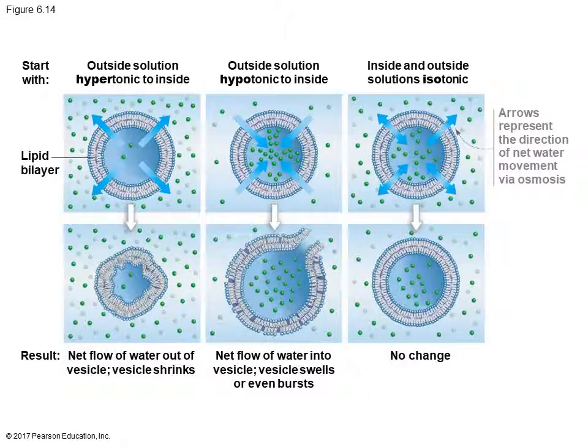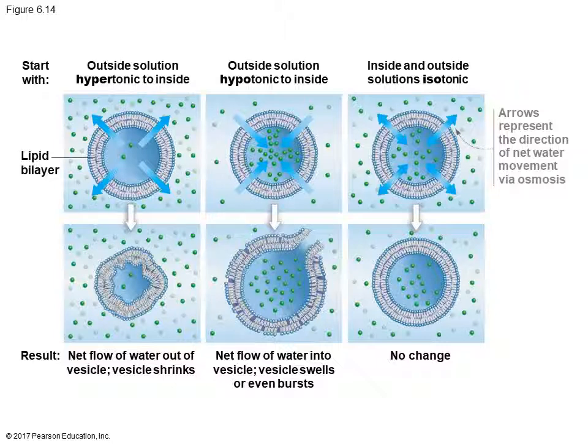I love the diagram in 6.14 because it shows the differences between hypertonic, hypotonic, and isotonic solutions. So notice in a hypertonic solution that the solute concentration, or the molecule concentration, is much greater outside the cell than it is inside. And remember, water always follows the salts, or it follows the solute. So water will be sucked out from the inside of the cell, and therefore the cell will shrink and lose weight.